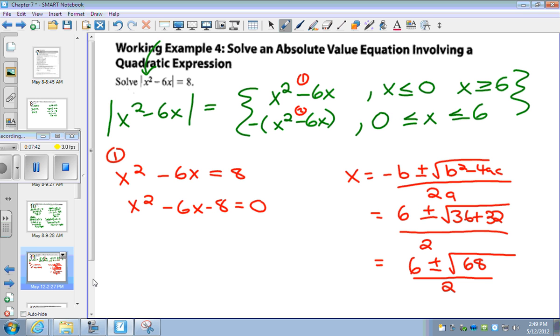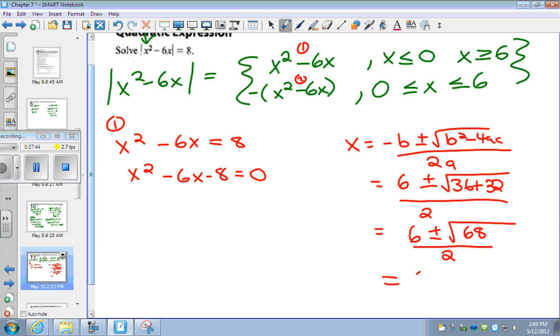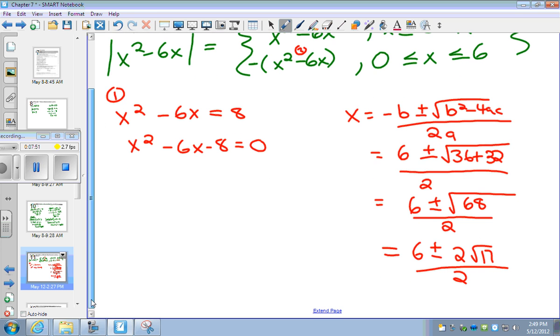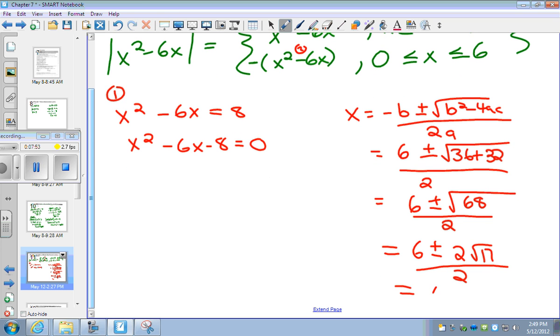So I can write this as 6 plus or minus 2 root 17 over 2, which can be simplified to 3 plus or minus the square root of 17 because I reduced. Okay, so there's my first answer.